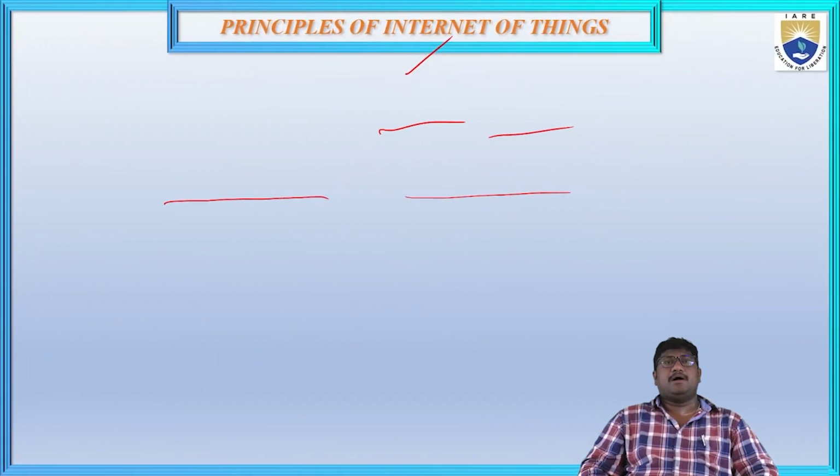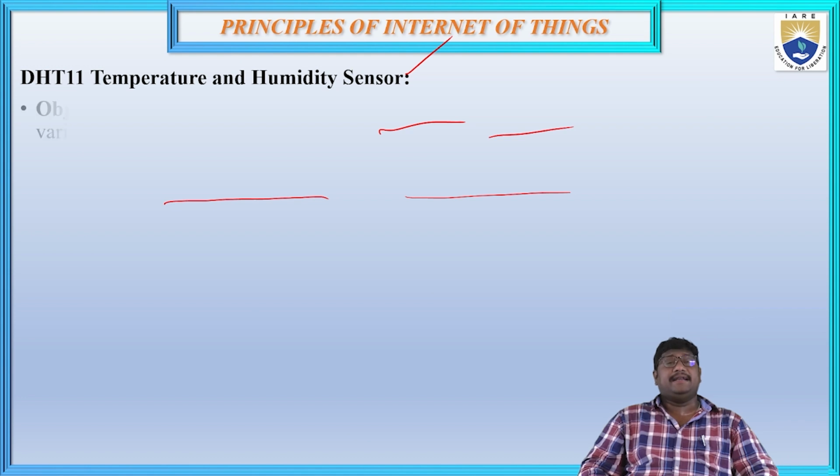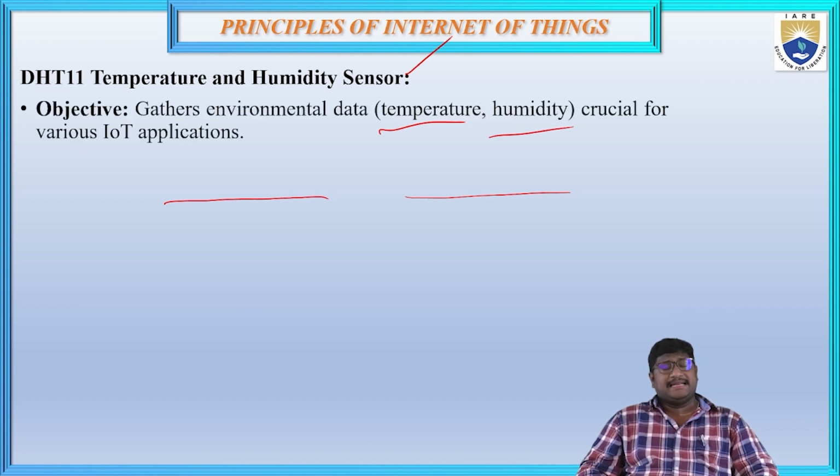And coming to the next topic, which is our DHT11, the temperature and humidity sensor. What was the main objective for this particular sensor usage? The main objective was to gather the environmental data based on temperature and humidity, which is crucial for various IoT applications.